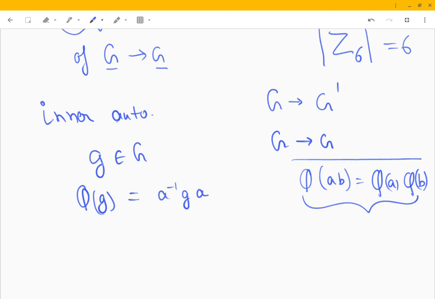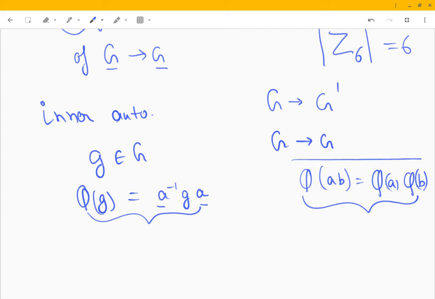So basically conjugation by an element, by all the elements. So this is the inner automorphism, which implies that we took the elements, obviously of G only, but we compose this left and right multiplication and we define a bijection.